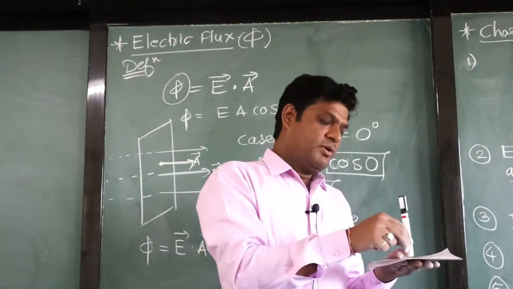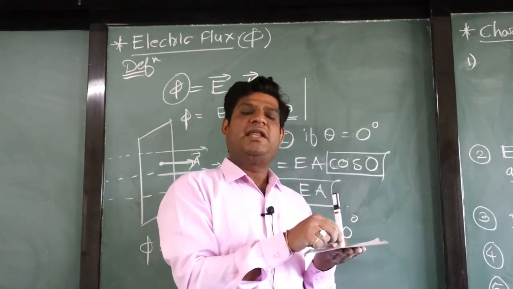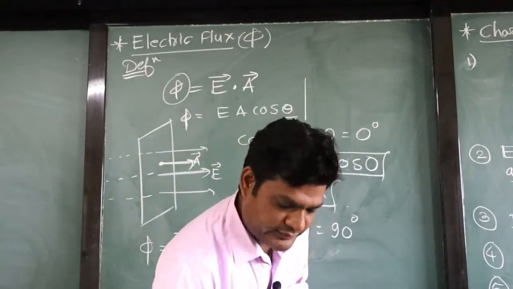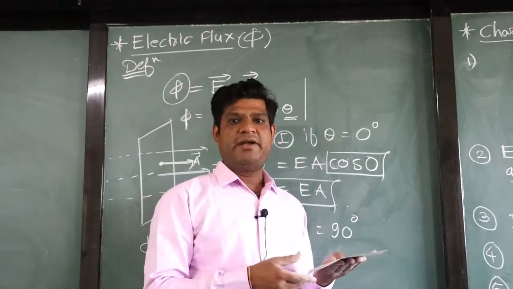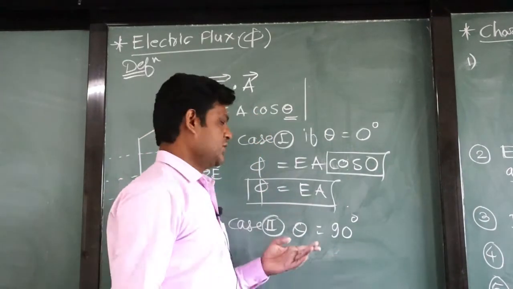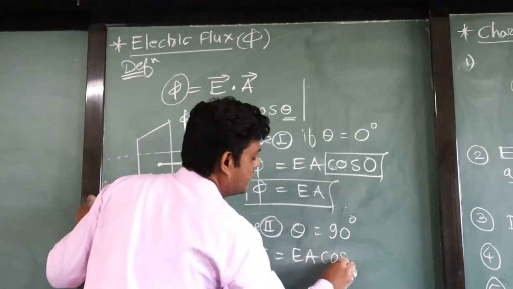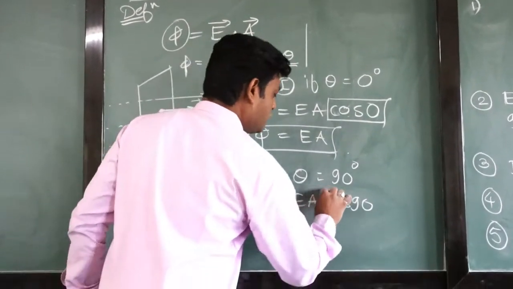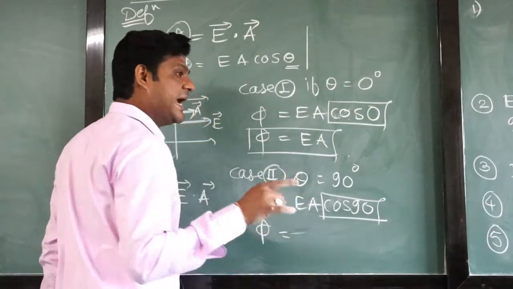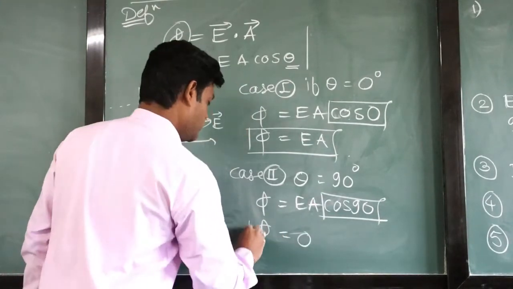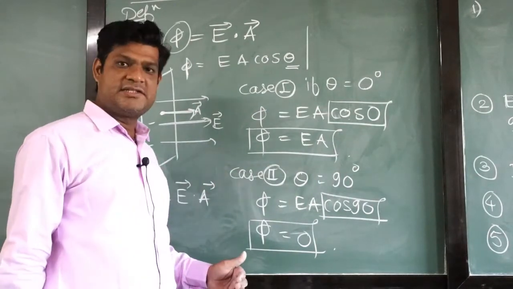This marker pen indicates the direction of the area vector, and this is the direction of electric field. So electric field and area vector are perpendicular to each other. So flux phi equal to E A cos 90. As we know, cos 90 becomes 0, so the flux linked with the given surface will be 0. So minimum flux is linked in this case. These are the two cases.